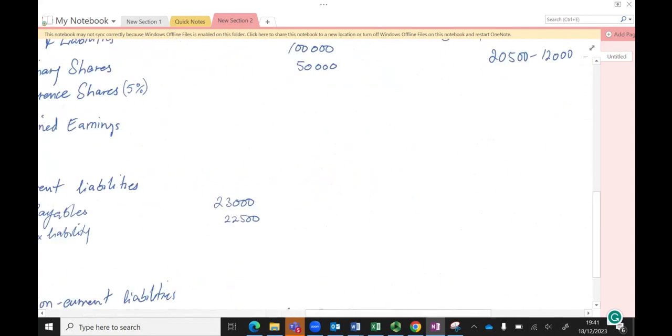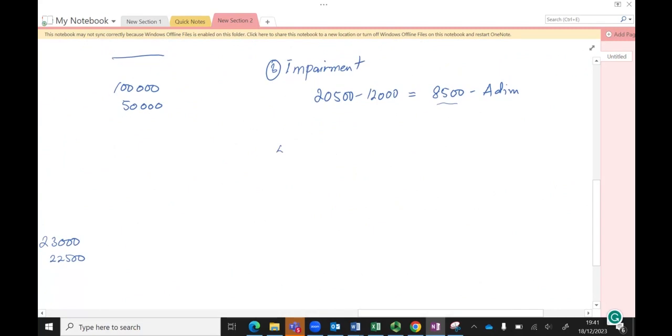So if you remember, IAS 2 says that International Accounting Standard 2 says take the cost and the recoverable amount. Take the lower of.